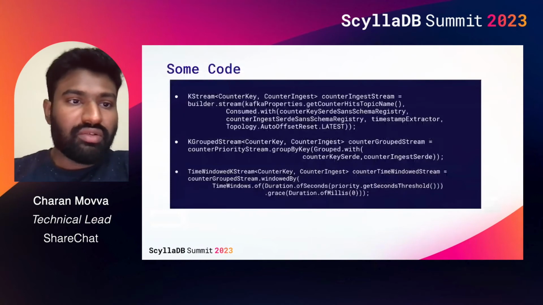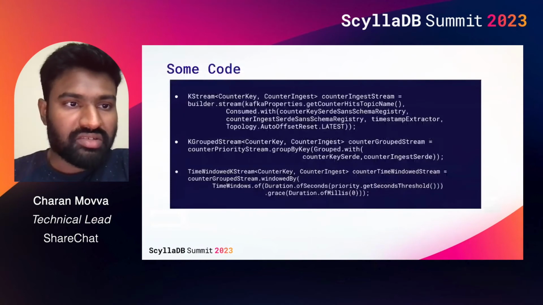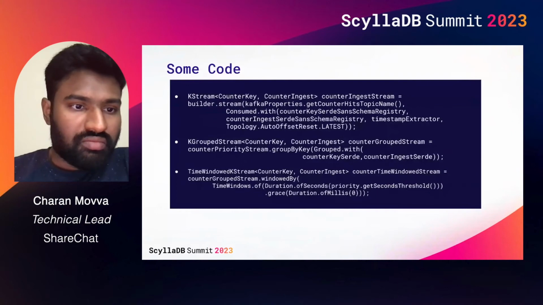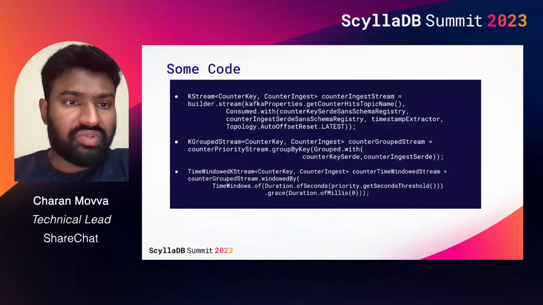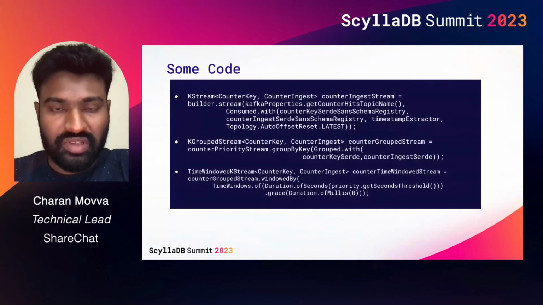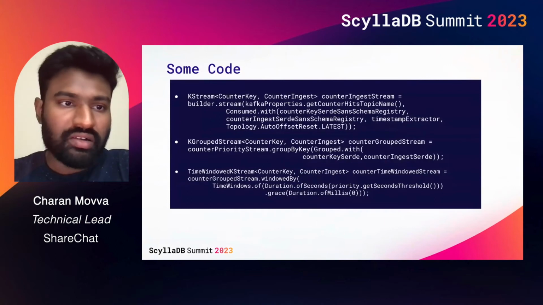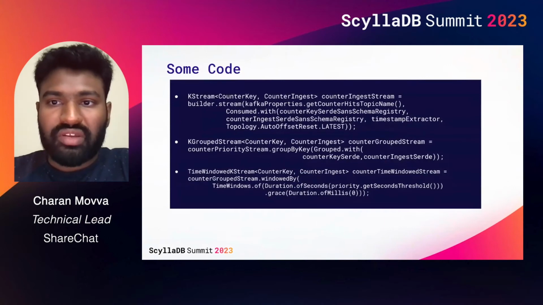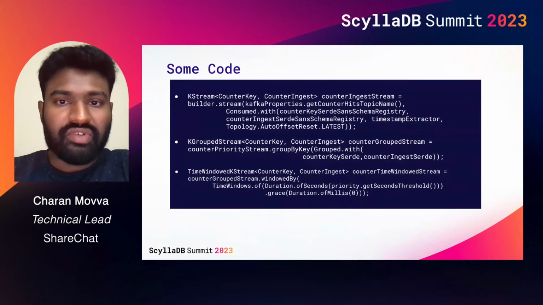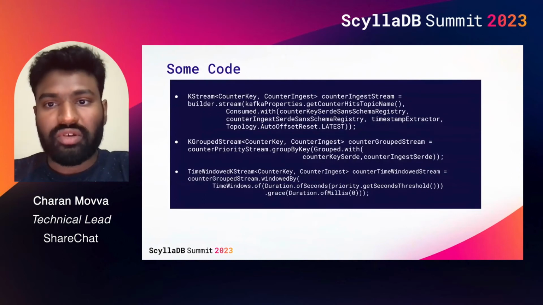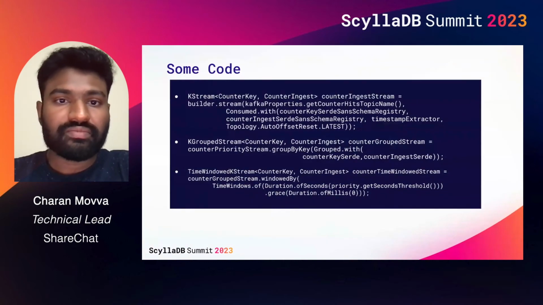So if we briefly look at some of the important pieces of the code, in the first point, we are essentially creating a stream object, and while creating it, we need to pass the input topic which we are trying to consume from, and the key value serde, which will be used for consuming the records out of the topic and deserializing them into input objects.